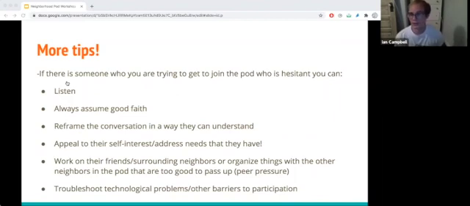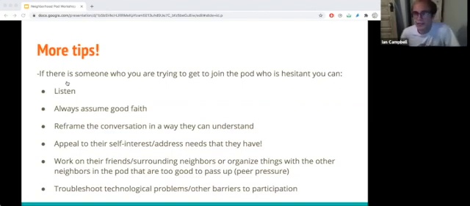They might really just feel like there's some way that they're not having their needs met, like there's some sort of barrier to them participating, right? Which gets into troubleshooting technological problems possibly, or other barriers to participation.